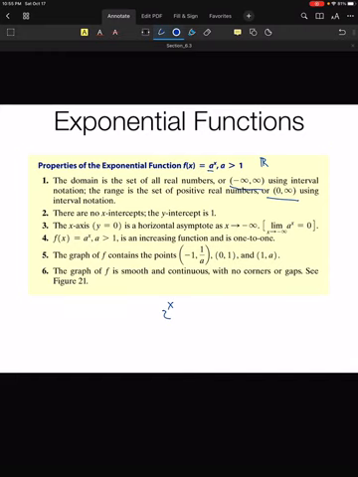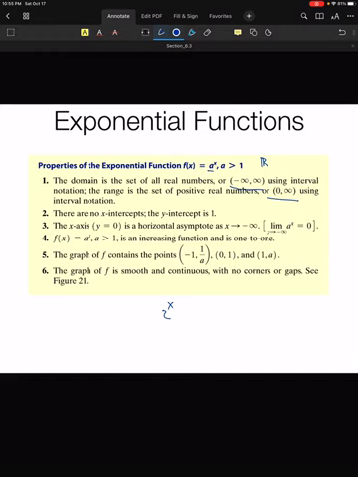Number 4 is that the function is an increasing function, and it is 1-to-1. Okay, so we talked about these types of properties last time, but it's an increasing function, and it's 1-to-1. All right. The graph of the function f contains 3 points. It contains actually more than 3 points.